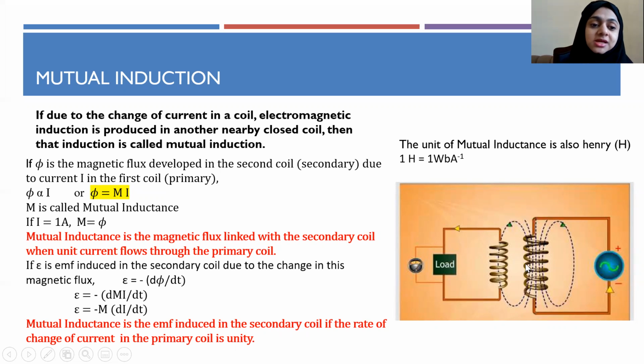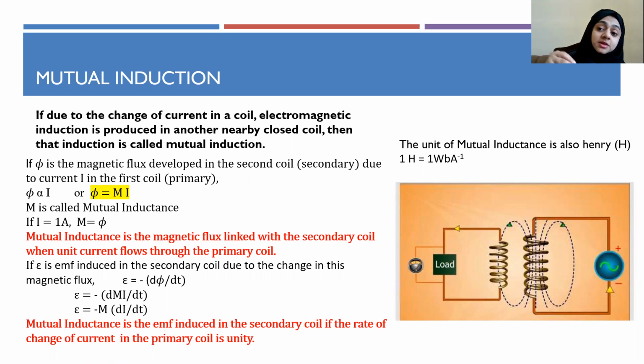So from this, let us see how mutual induction is defined, or what is meant by mutual induction. If, due to change of current in a coil, electromagnetic induction is produced in another nearby closed coil, then that induction is called mutual induction. So for mutual induction, there should be two coils of wire.